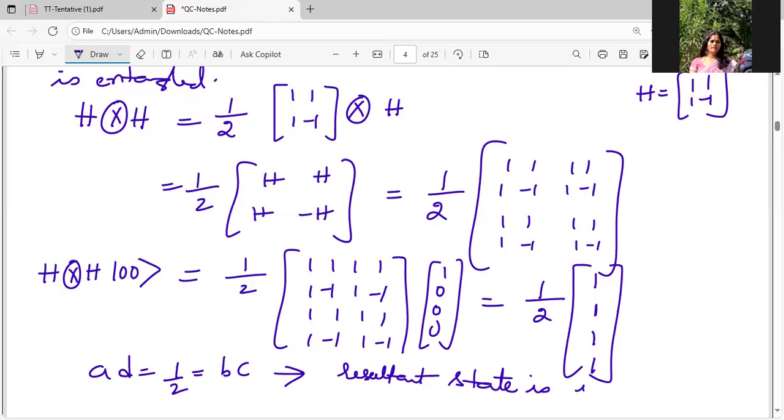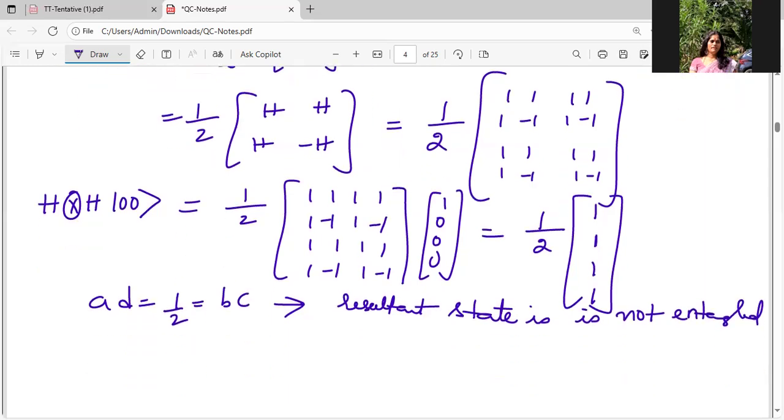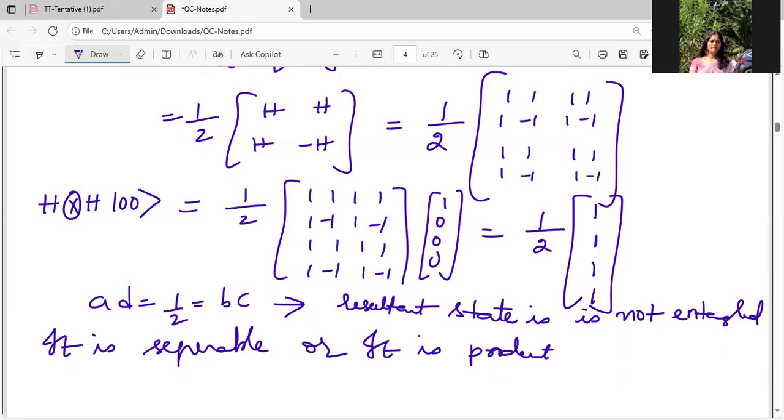The resultant state is not entangled, or you can say it is separable. I can separate and write, because of which it is also called a product state.